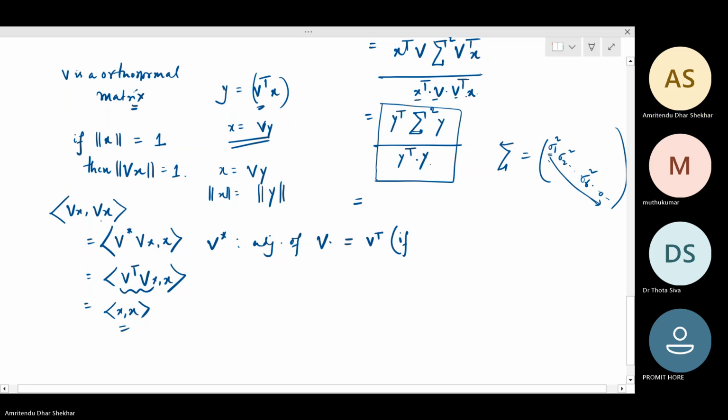if this linear map induced by V is expressed in an orthonormal basis.